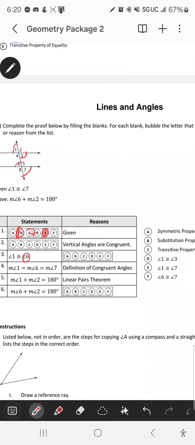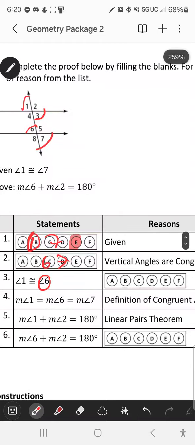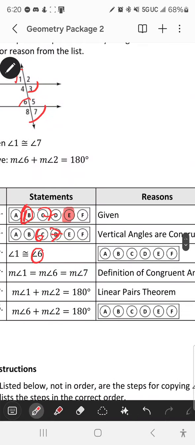So maybe I will say 6 and 7 here, because as you can see, we are taking the 1 from this part and the 6 from this part to eliminate the 7.